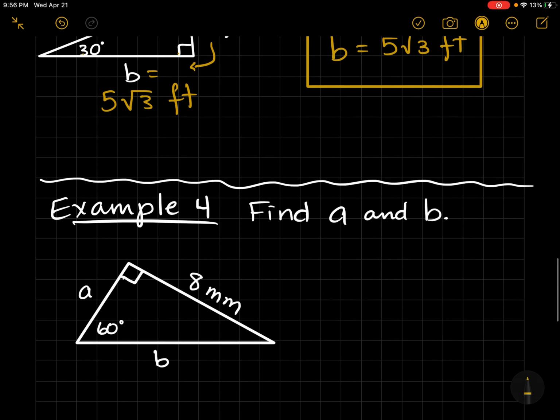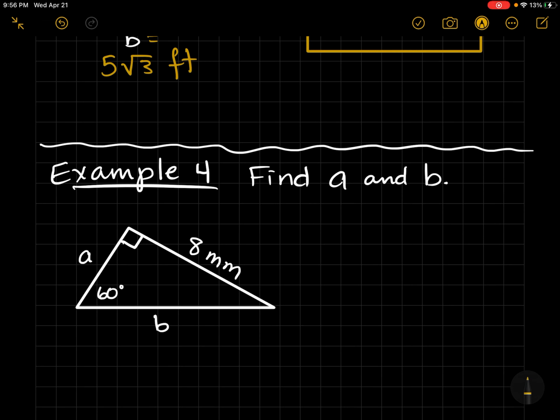All right. Example 4. Let's find A and B. We know the long leg, and in order to go to the short leg, we divide by radical 3. So 8 divided by radical 3, we have to get rid of that, multiplying by 1.